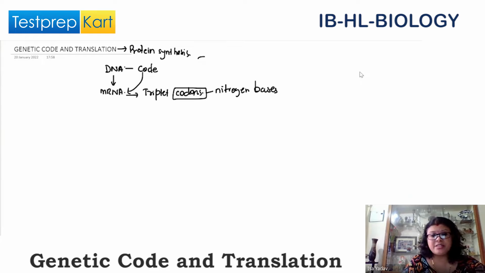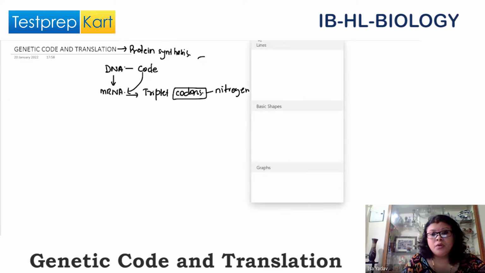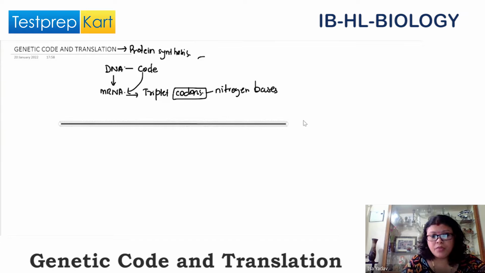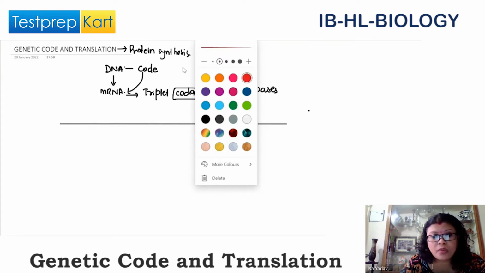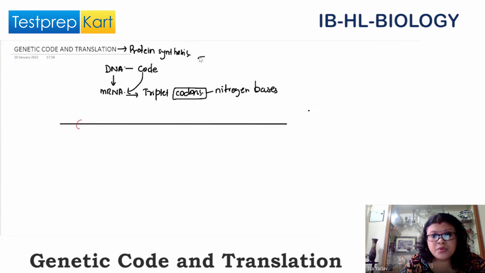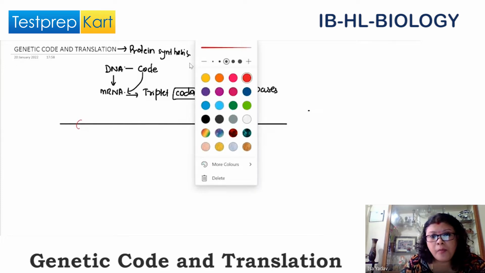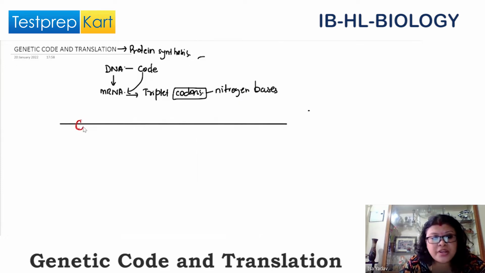Suppose, for example, this is a protein. Which amino acid is present here? We may have different amino acids.